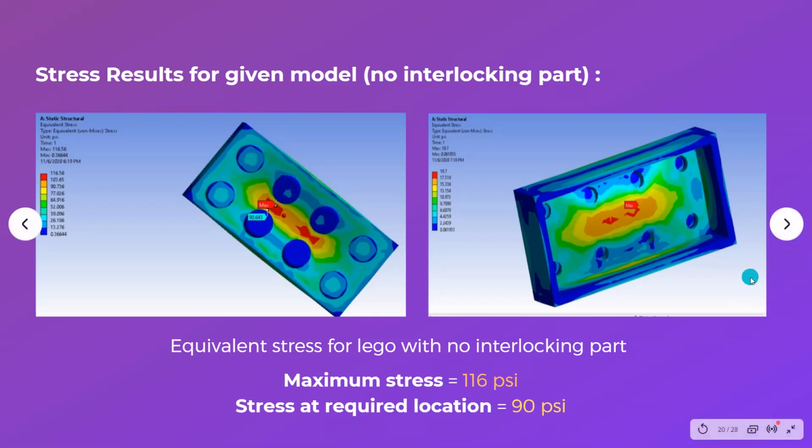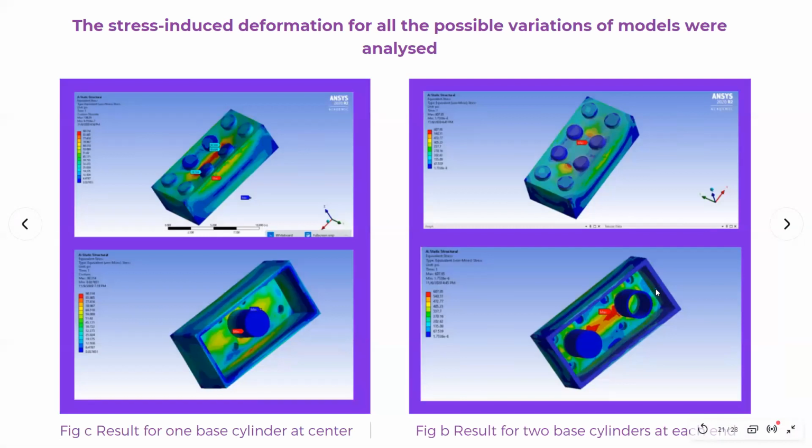Moving next, we tried the similar feature with different types of models, as mentioned earlier, with a single tube in the center, or with two tubes at the two ends. We used ribs also, and we applied different features. Two of the results are shown here.